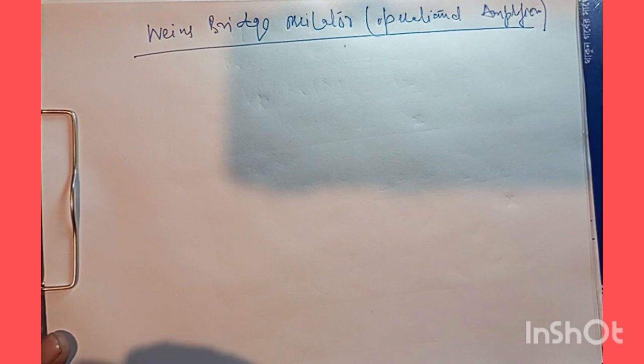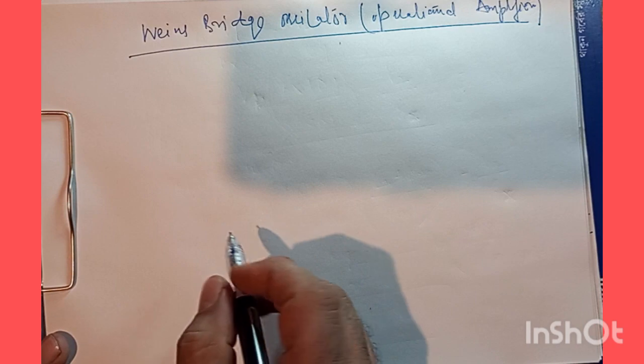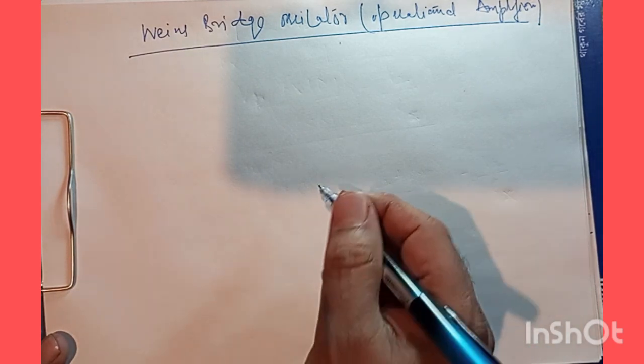In the beginning, this oscillator was used for measuring the input impedances of the systems. And to start with, let's draw the circuit diagram for this Wien-Bridge oscillator.